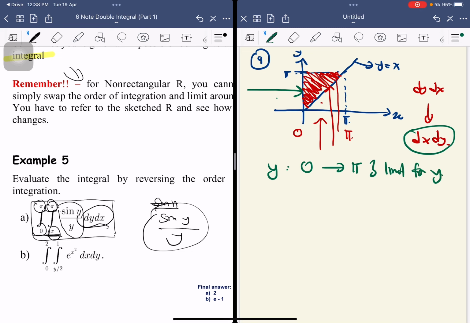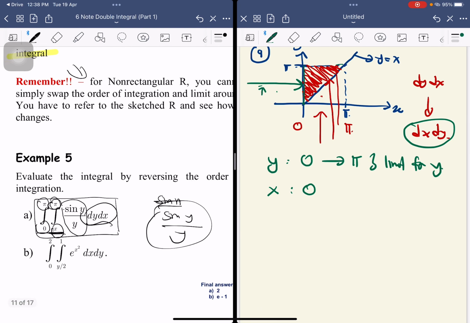Now to get the limit for x, using this green strip, when we go through this shaded region, it's going to meet this line, which is x equal to 0. So the lower limit for x should be 0. Then we move up to the end, the curve that bounds the shaded region.